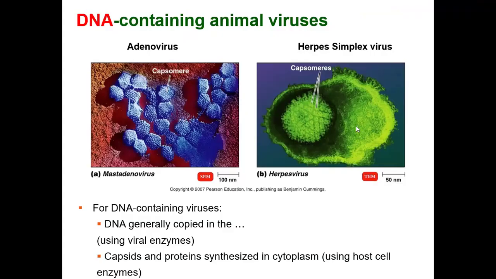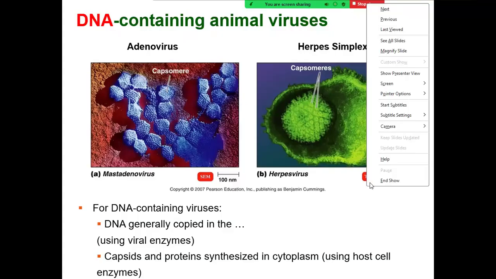So herpes simplex virus is a DNA virus where the genome of the virus is DNA. Any questions about any of that? And then a rule of thumb, a DNA virus is generally replicated in the nucleus. Any question about any of that?